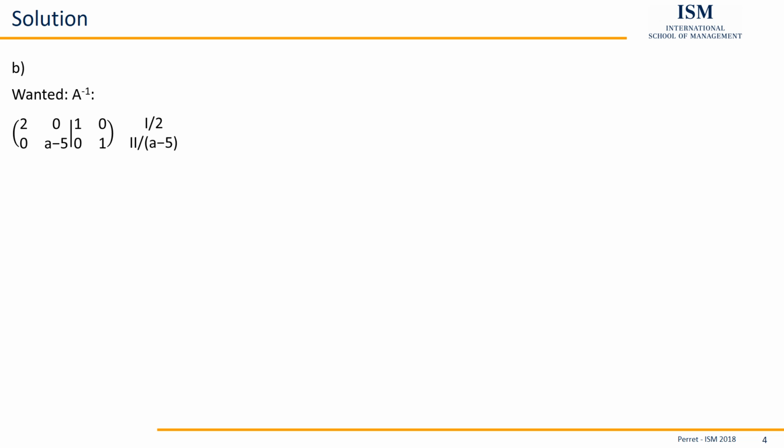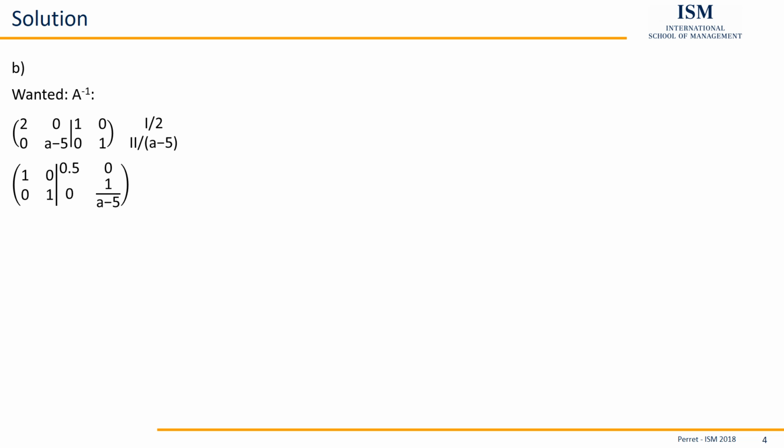So to get this, we start by dividing the first row by 2 and the second row by a minus 5. We are allowed to divide by a minus 5 because we said the matrix is invertible for any value a unequal to 5, so we excluded 5.